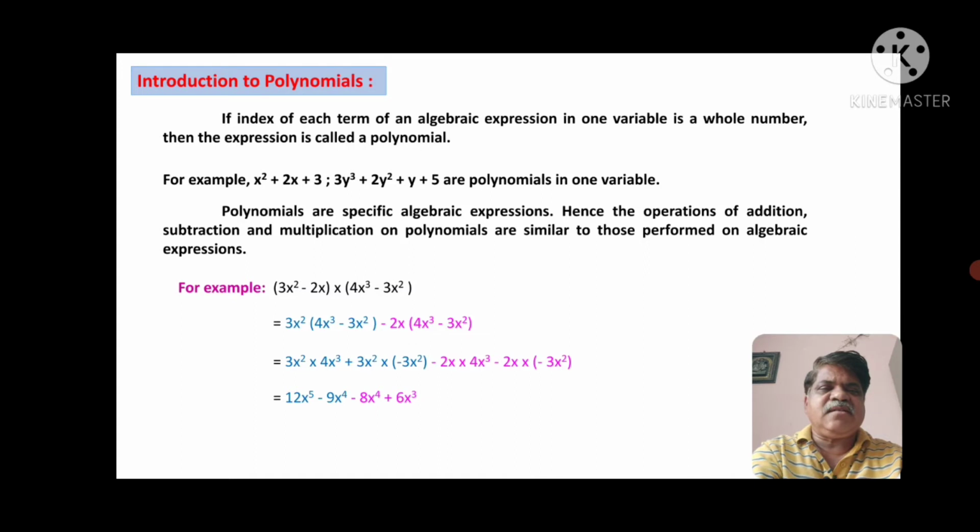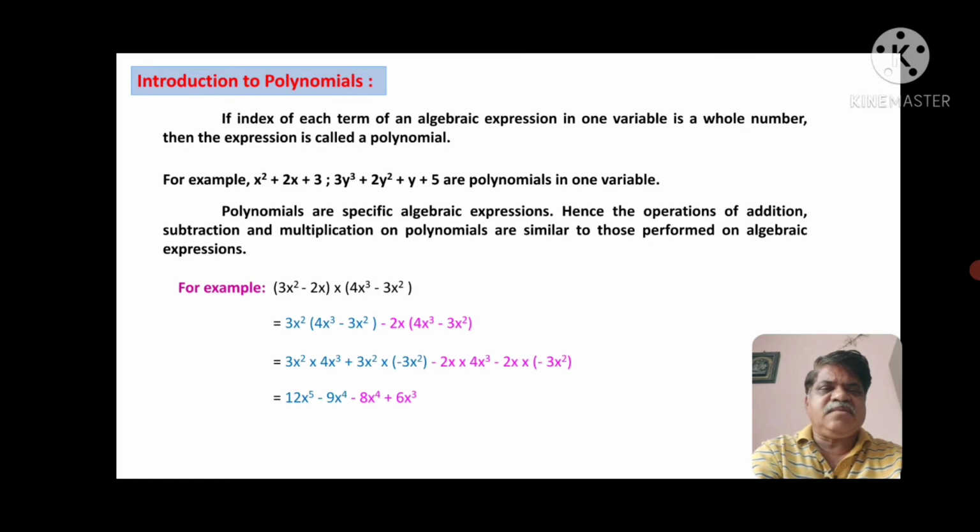Next is 3 3s are 9, the minus sign, this minus 3x square, x square into x square is x raised to 4. Here 4 2s are 8, minus sign will be there, minus 2x is there, therefore x into x cube, that is x fourth. So plus 3 2s are 6, minus minus, that will be plus, x into x square, that is x raised to 3.